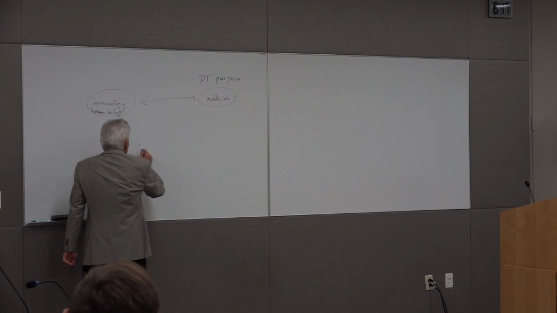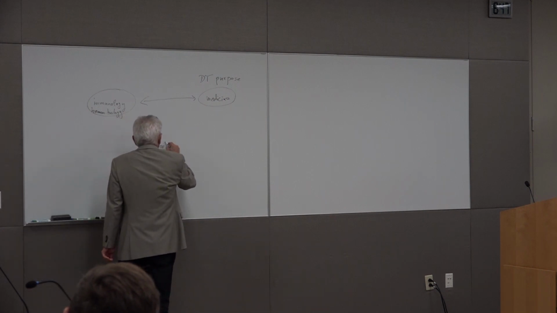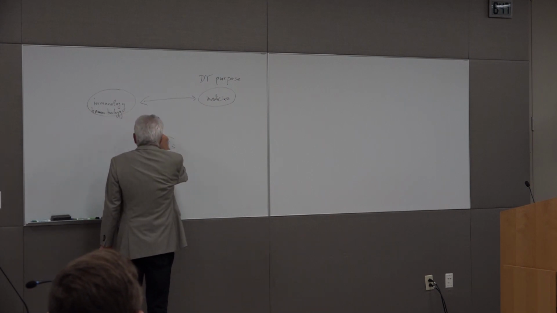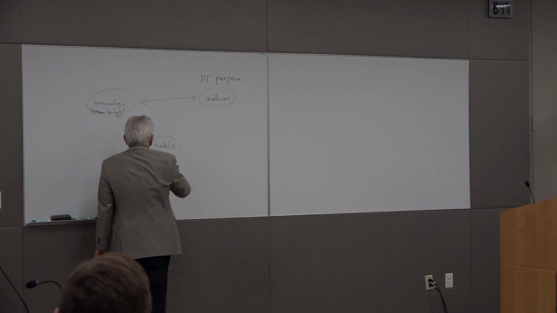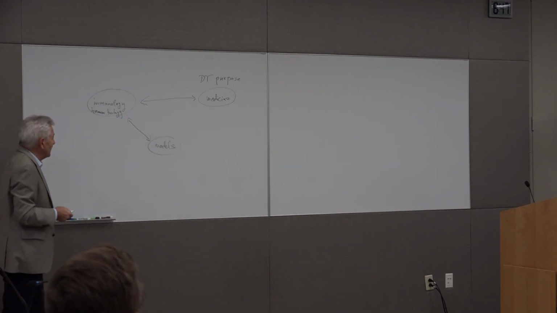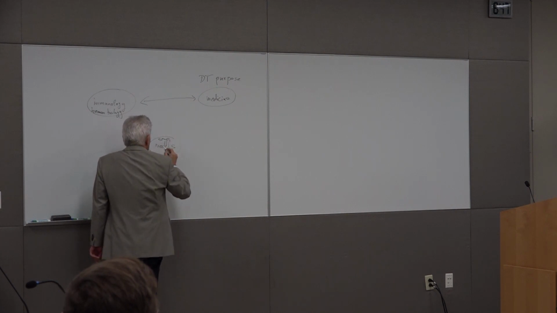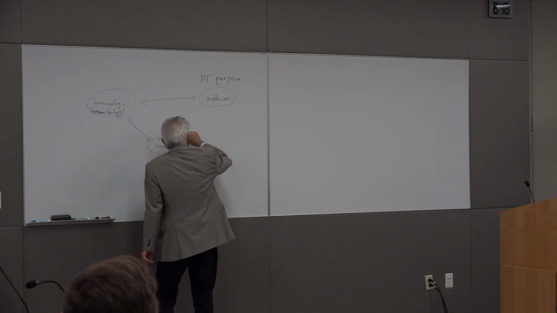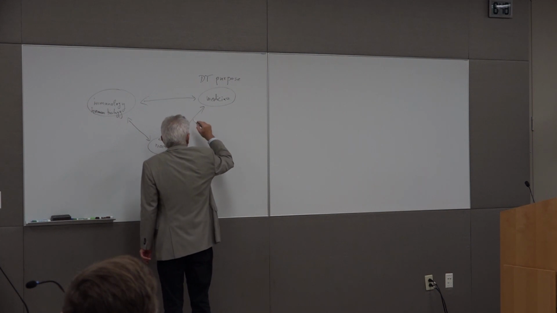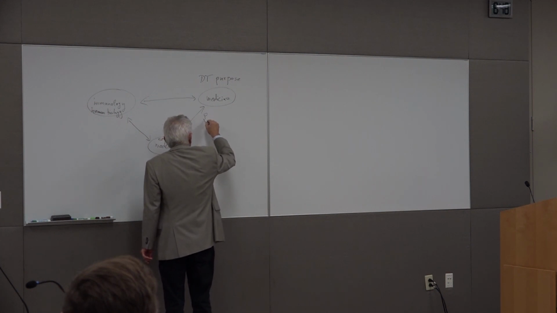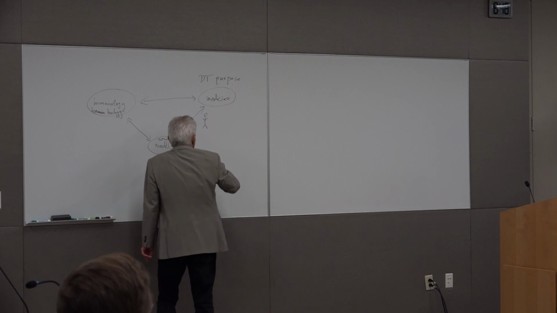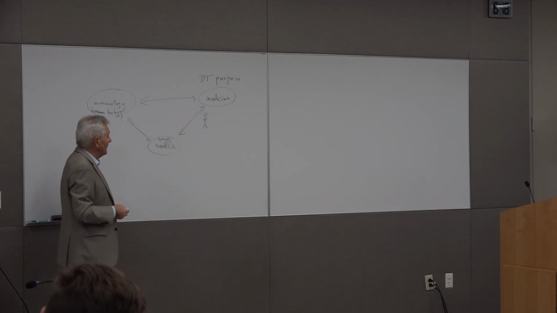So once you're done with this, you need to encode this human biology in computational models. And then, to complete this, you need to connect this to a particular patient, to the medicine.